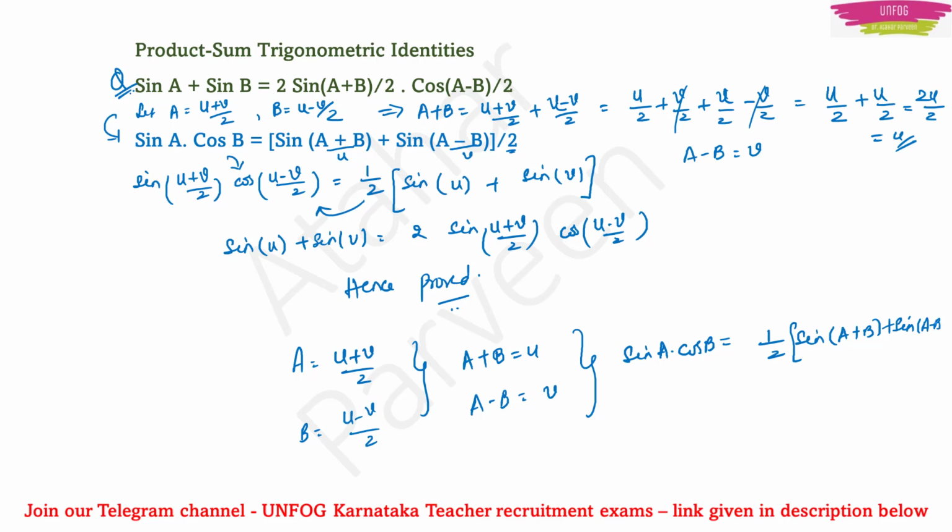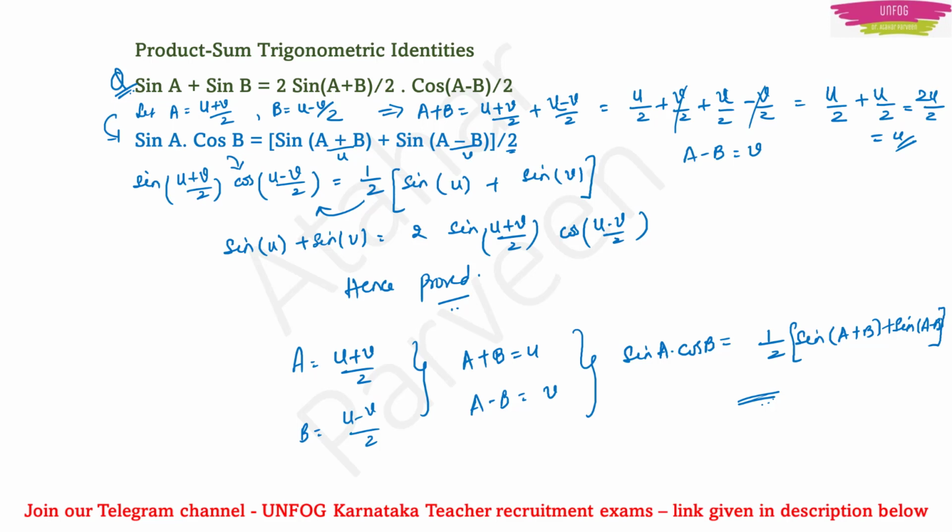I hope it is clear now. This is how you have derived that formula. Why I am doing all this is that it will become easy for you to remember the formula. I don't have any other aim behind this.